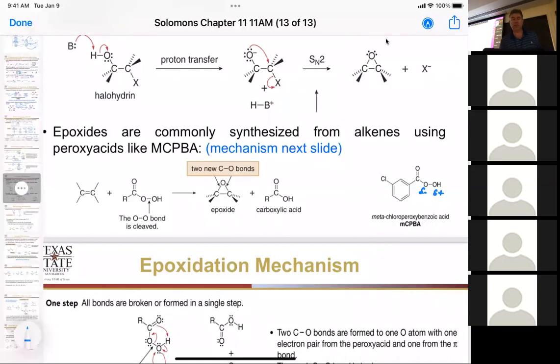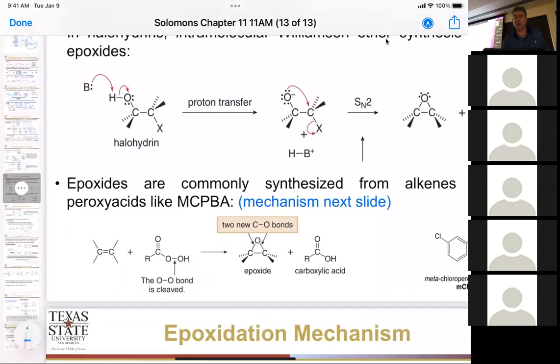Okay. So one way we can make our epoxy is to use base on the product of the halohydrin, something that has a leaving group. You're going to turn the oxygen into a nucleophile, and it's going to react with the other end of its chain.